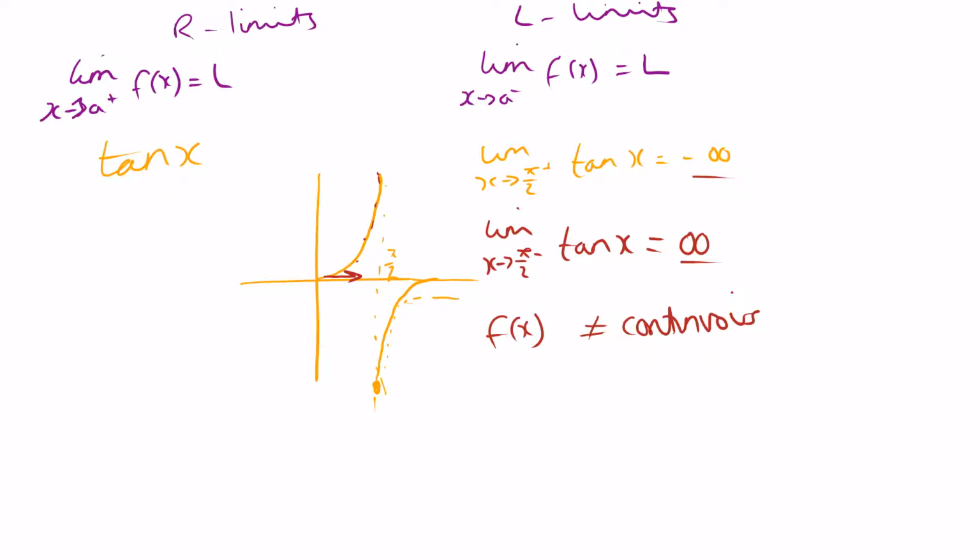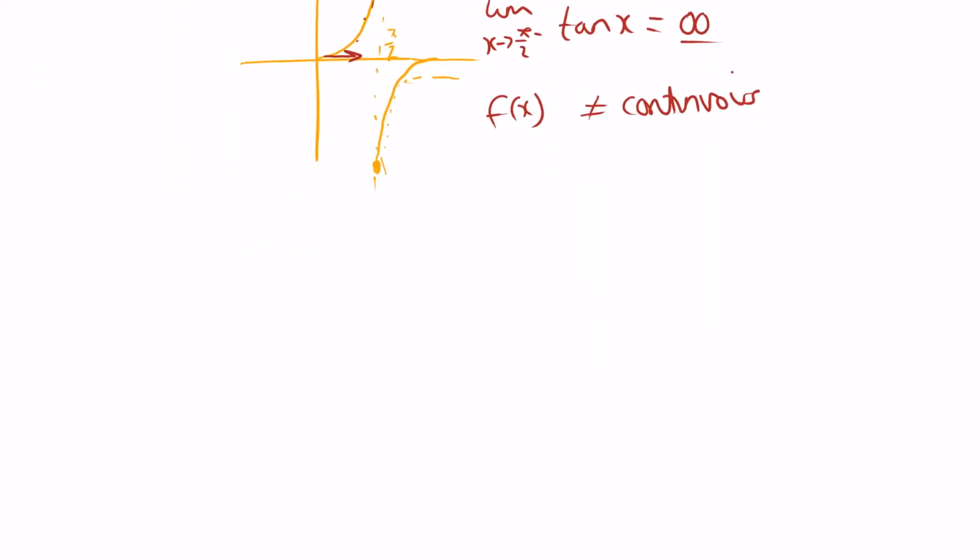Okay, so let's have a look at some of the different laws we can use with limits. The first, quite a basic one, would be that the limit as x tends to a of c, where c is a constant, is equal to c, because there is no coefficient of x in our function here, so it's just going to be the constant.